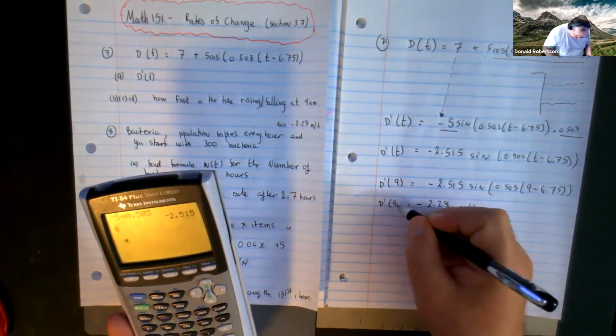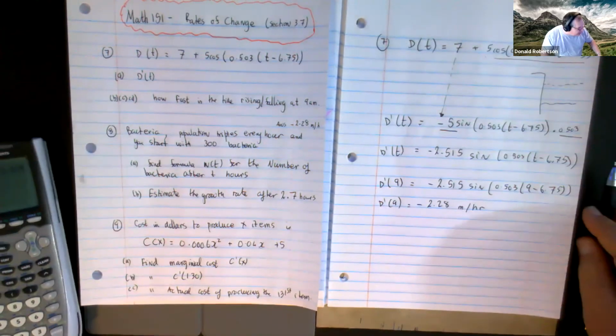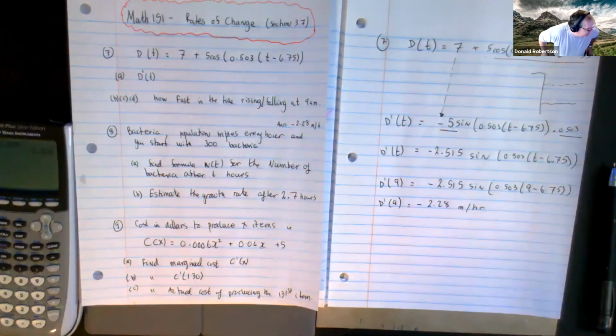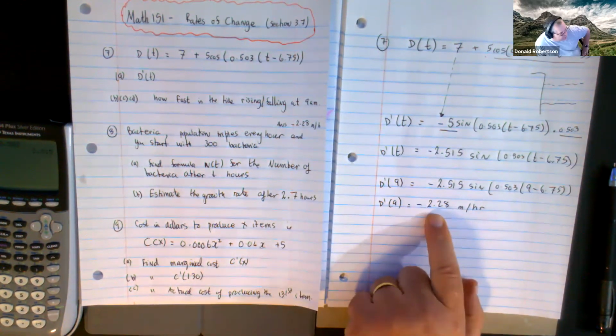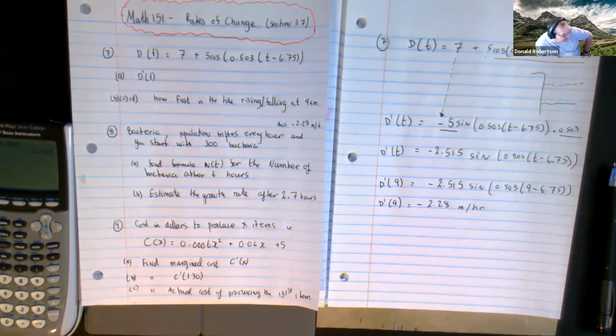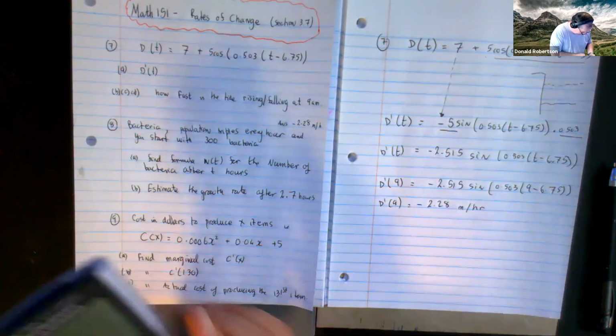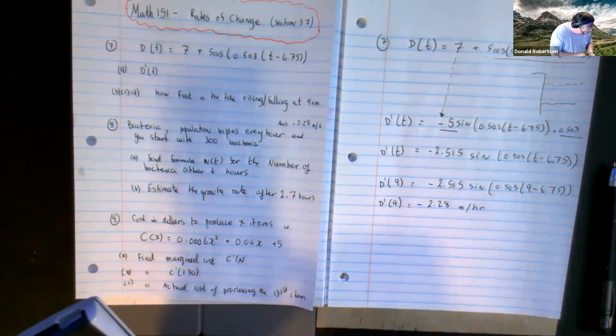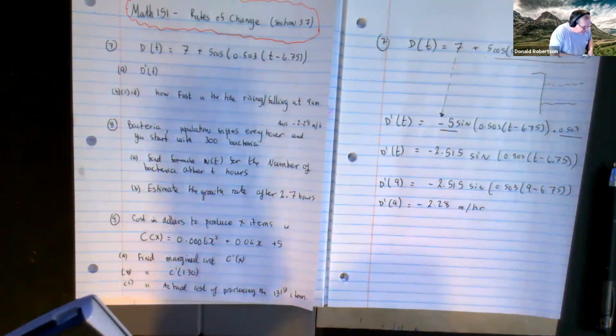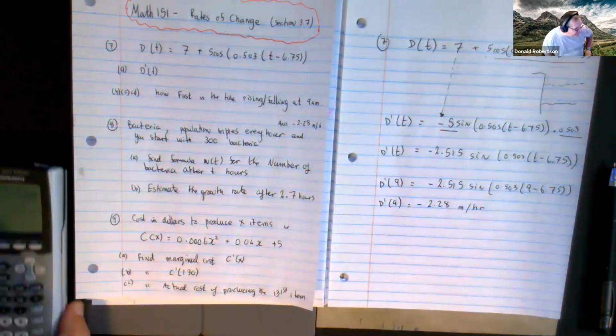So in this place in Canada, at 9 o'clock in the morning, the water is changing at the rate of -2.28. Doesn't that mean the tide is going down? The water level is decreasing by 2.28 meters per hour. And for you Americans, that's about -7.5 feet.